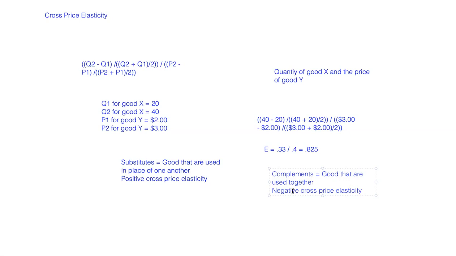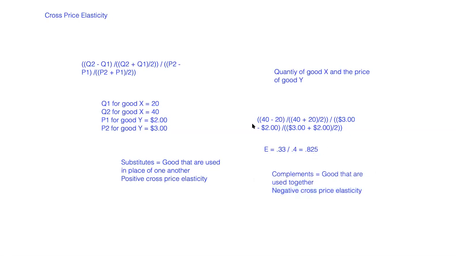When you use one good, you use the other good. Whereas for substitutes, you use either one good or the other, but not both. So if this was a negative number, it would be a complement. If it's a positive number, it's going to be a substitute.